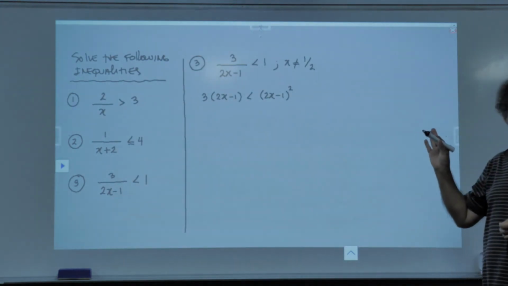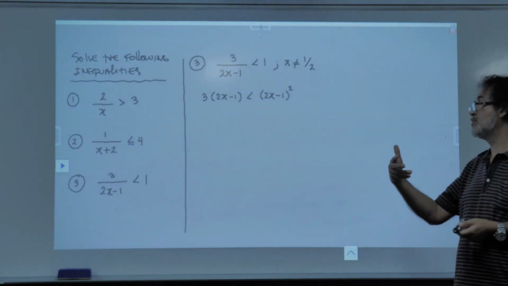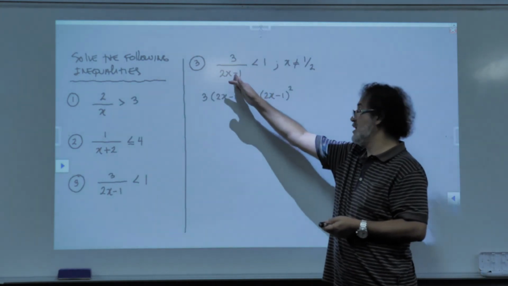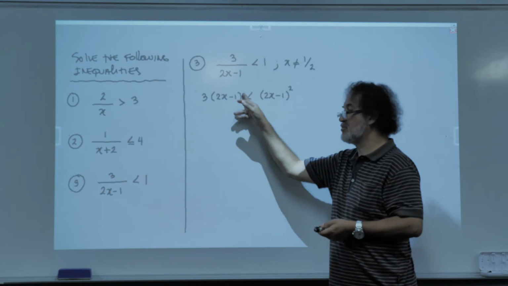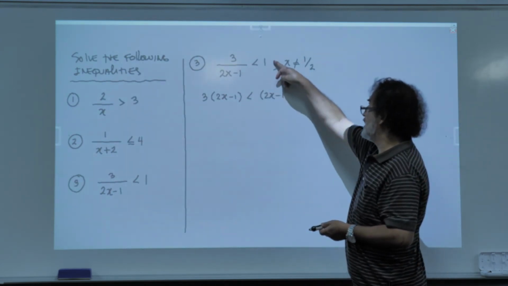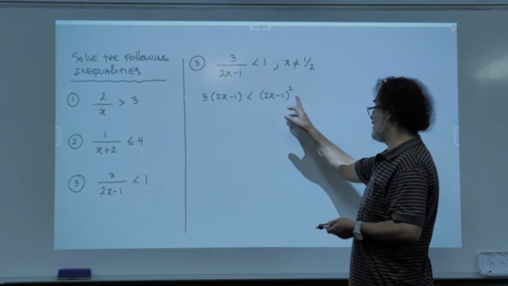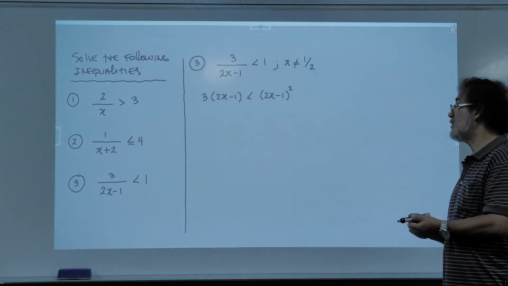Okay, you know where that is coming from? I did multiply this side by 2x minus 1 squared and simplify. That's why we had 3 in bracket there. And then I multiply that by 2x minus 1 in bracket squared.